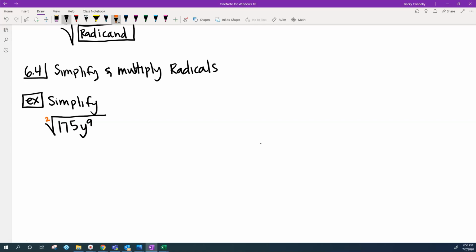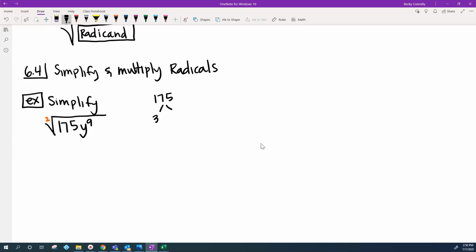So a good way to figure out what gets to come out and what has to stay inside is to do the prime factorization. So we want to break down 175. Now it ends in a 5, so I know that 175 can be divided by 5, and I'll go in 35 times.